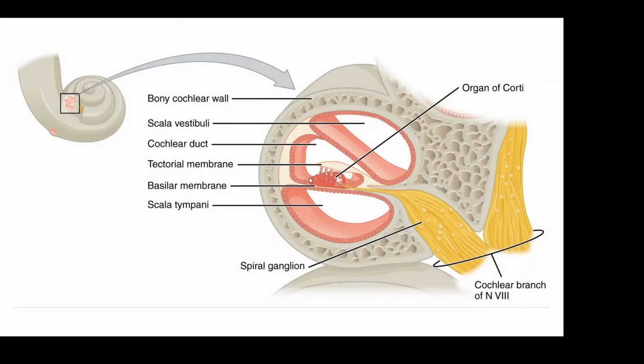This organ of Corti, with the tectorial membrane on the top and the outer and inner hair cells here, those are going to rub against each other because you've got this twisting. So these structures are going to rub against each other. And that movement is what stimulates the hair cells, the inner hair cells. They get moved and stimulated, and that fires off those nerve impulses that tell the brain, hey, there's a sound happening here.